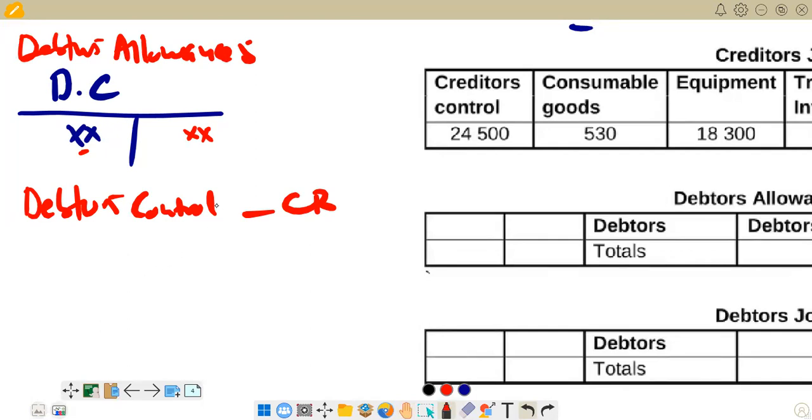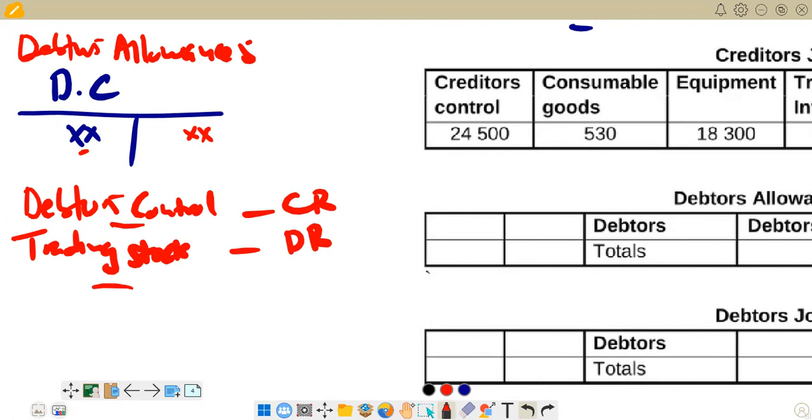So they're coming back to the trading stock again. The trading stock, we debit it because the trading stock is receiving those goods. So this is the double entry that we have. It means this amount of allowance is going to affect the debtors control, and it's also going to affect the trading stock account.